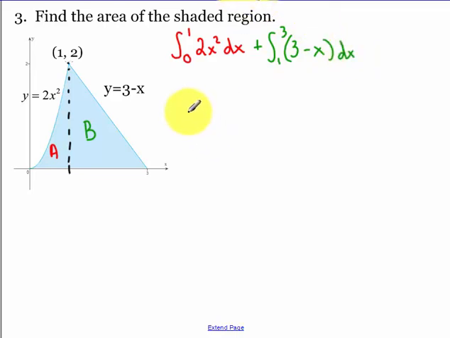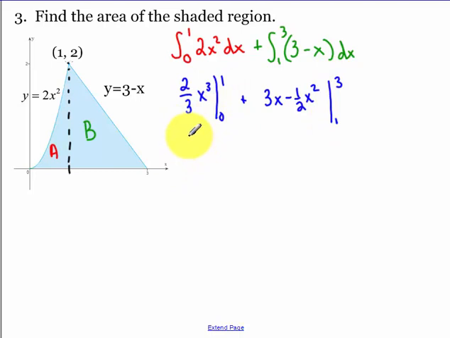So now it's just doing the math. Okay, so the integral of 2x squared is 2/3 x to the third from 0 to 1. We're going to add that to 3x minus 1/2 x squared from 1 to 3.